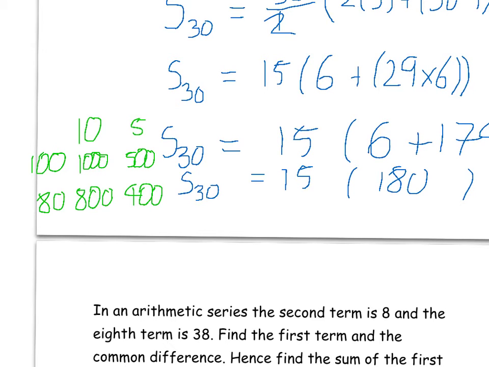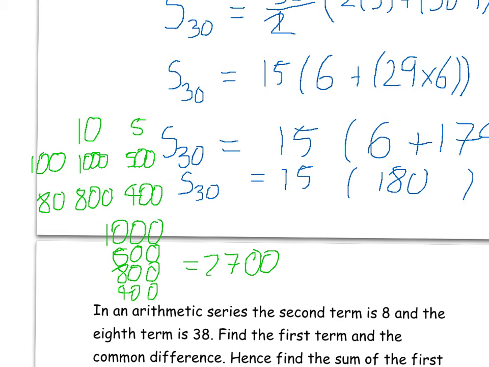And then I've got to add those numbers together. So 1,000, 500, 800 and 400. And if you do that, you should get 0, 0, 5 add 8 is 13, add on 4 is 17, so 2070.